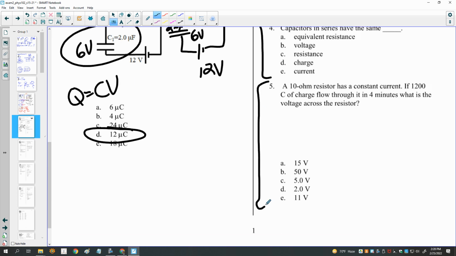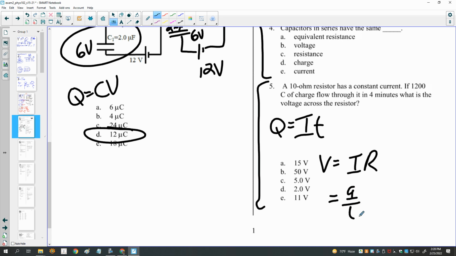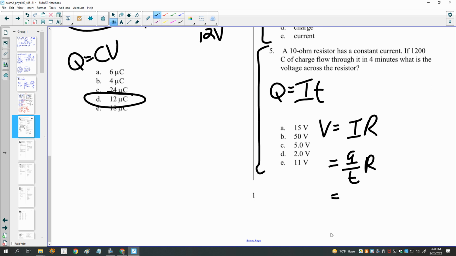Here's an application of that. Q is equal to I times T. So here I'm looking, oh, what am I doing here? I'm looking for the voltage here, actually. V is equal to I times R. So I is equal to Q divided by T, times R. And so then I can figure out what the voltage is.